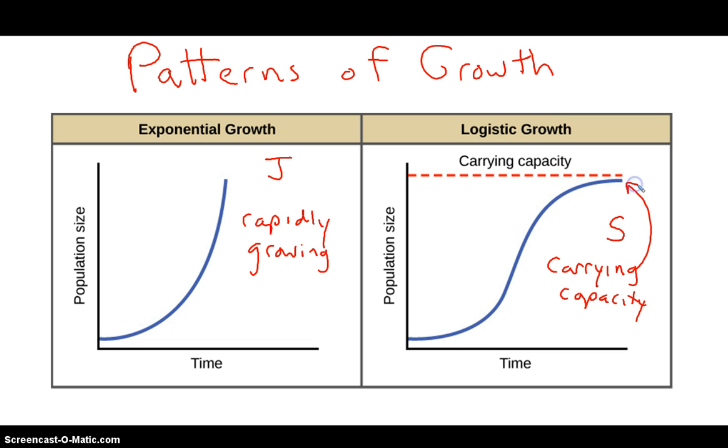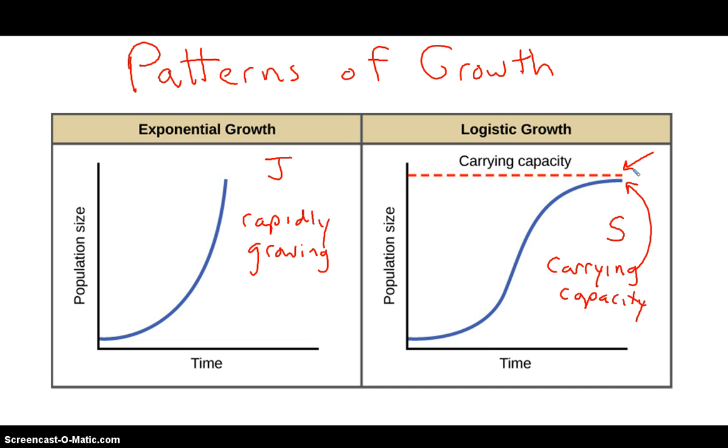So that's right here. So that's where the population will level off, and the population doesn't continue to grow because of limiting resources. Right here at the carrying capacity, there's going to be very intense competition because the resources are limited.